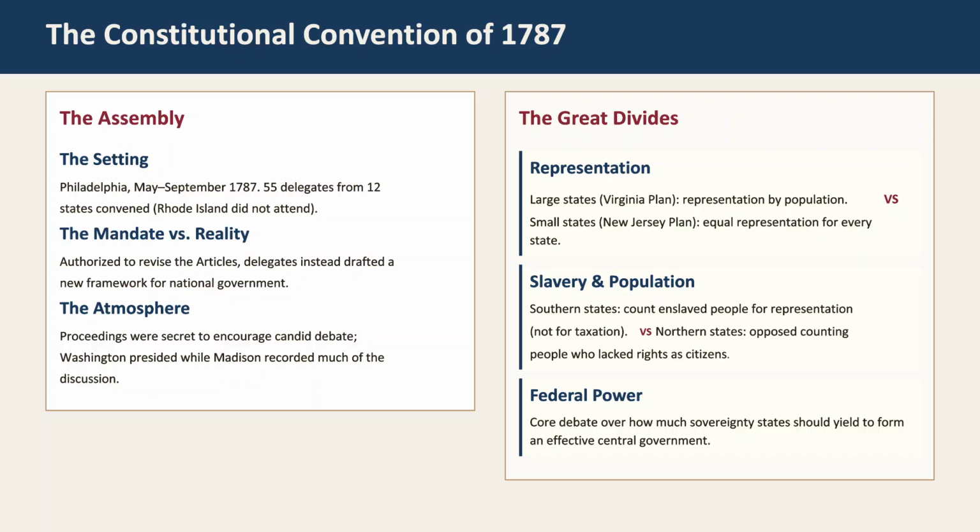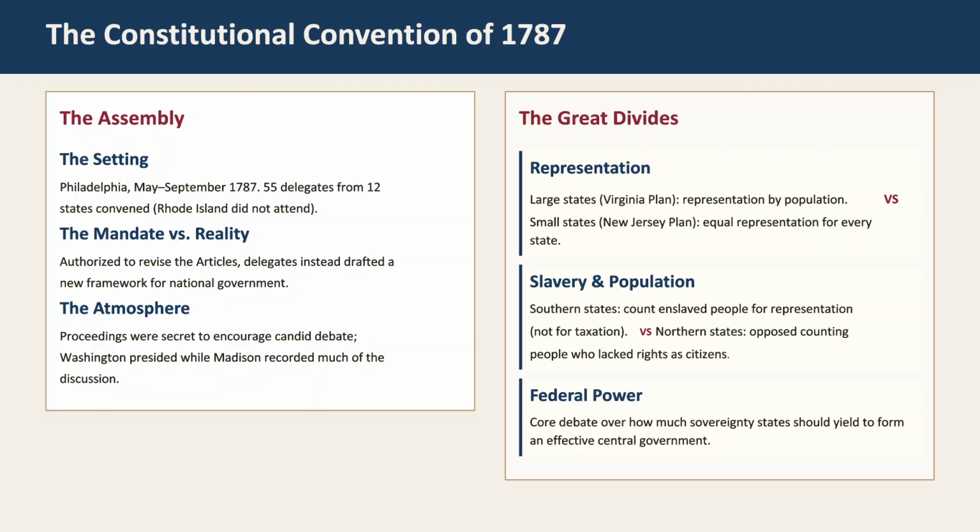However, once they got into the debates, they realized that it was inadequate, and so they decided to scrap the Articles altogether and create a new government entirely from scratch. These meetings in Philadelphia were held in secret because they wanted an honest debate among all of the delegates.